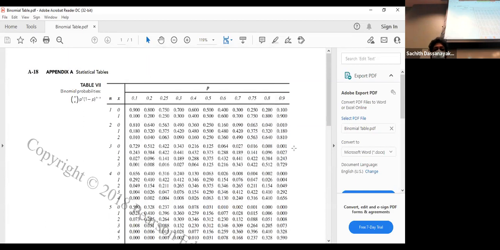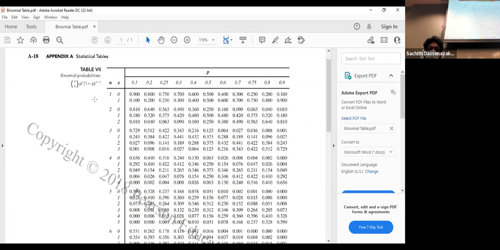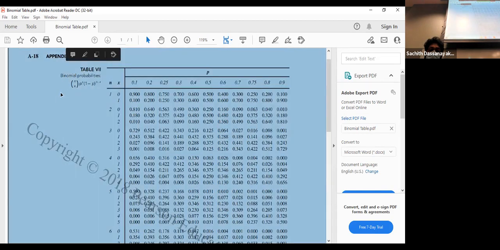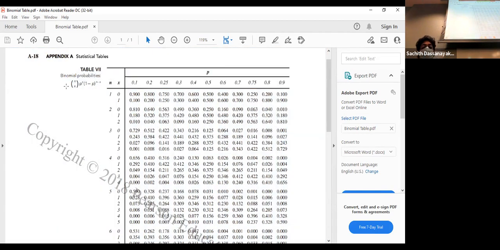See, this is the binomial table. This gives you binomial values. If you know what n is, if you know what x is, and also if you know what p, the probability value, is, you can find the answer using this table body part. Inside the table, it gives you the exact value. You don't need to do calculations.